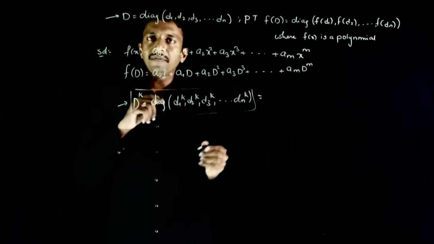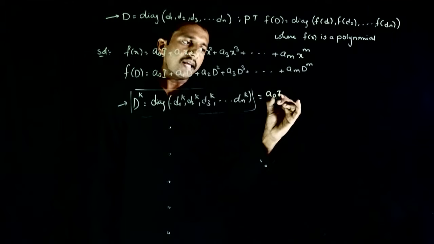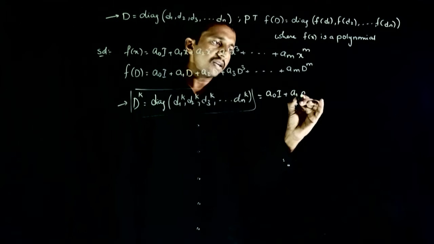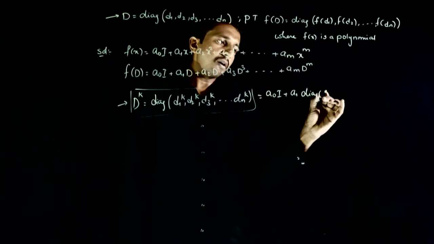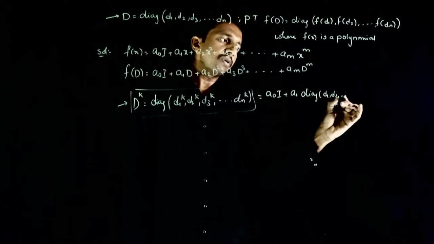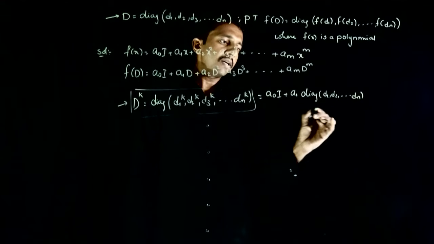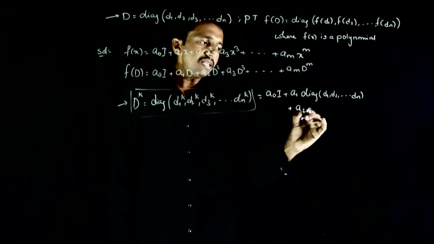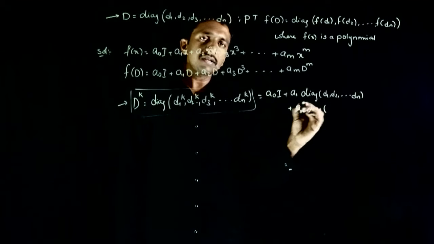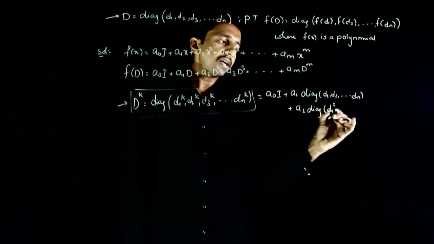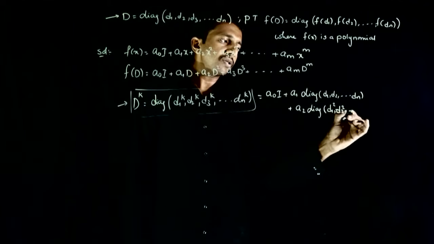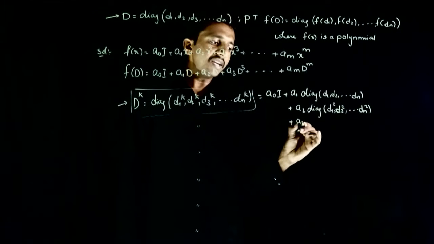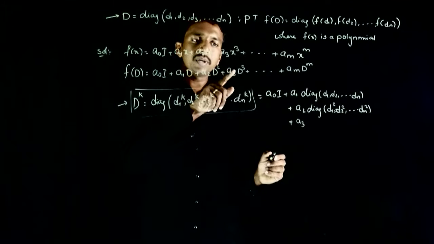So f of d is equal to a0 I plus a1 into d, which is the diagonal matrix of d1, d2, so on up to dn, plus a2 times d square. D square, we know that it is a diagonal matrix whose elements are d1 square, d2 square, so on up to dn square, plus a3 times d cube.